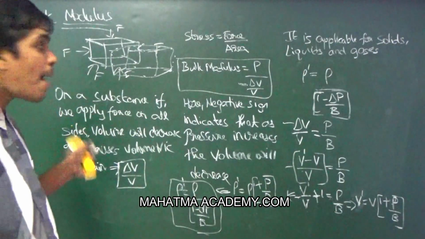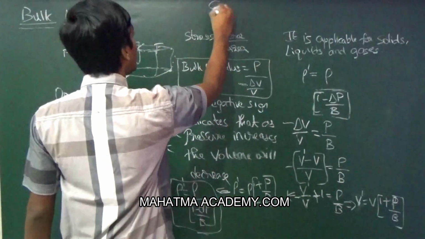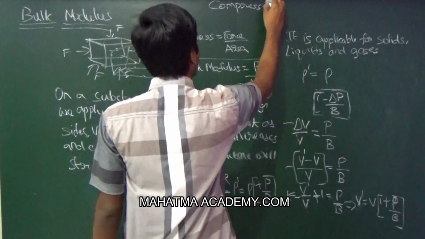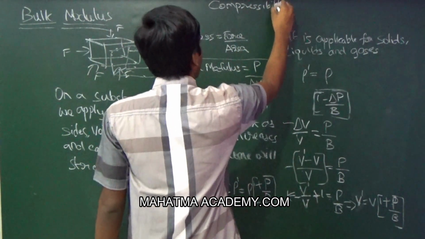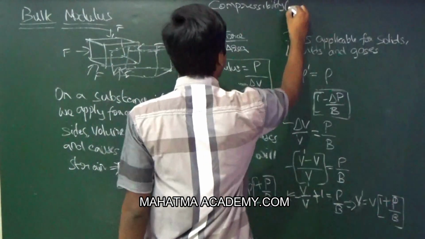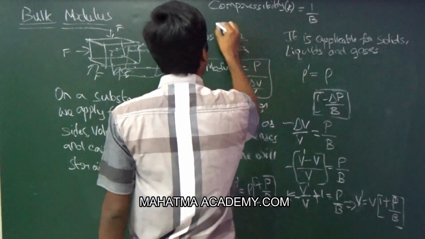Now we will see the compressibility. Compressibility is denoted by capital K, that is 1 upon bulk modulus.